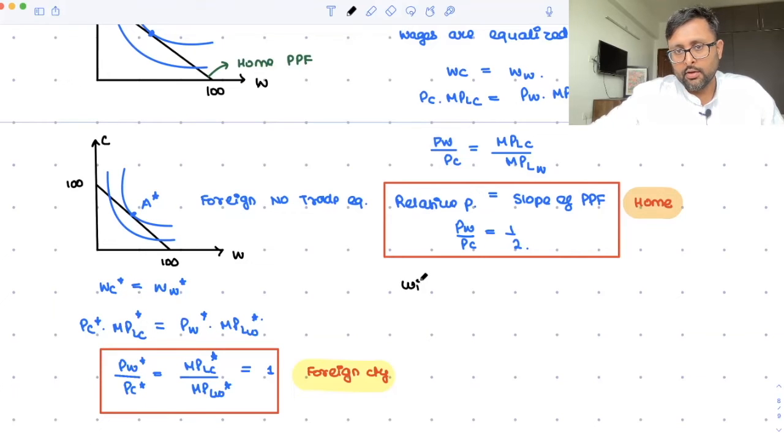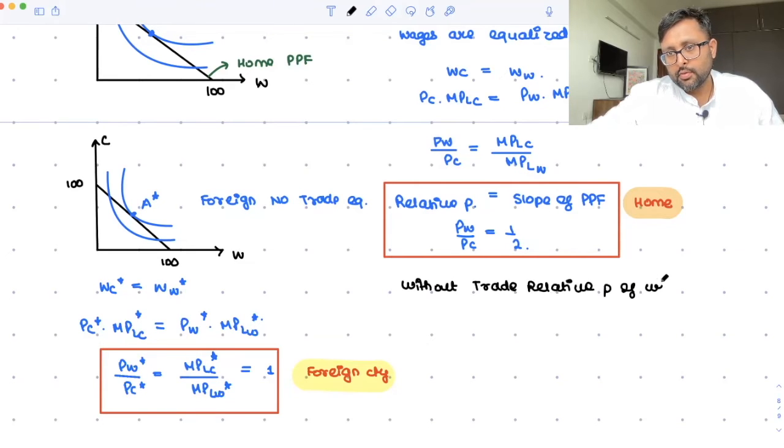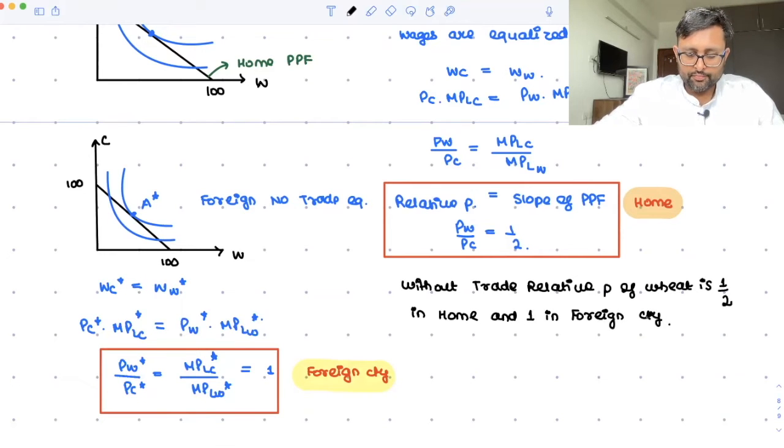Please write that. Without trade, the relative price of wheat is half in home and 1 in the foreign country, right?